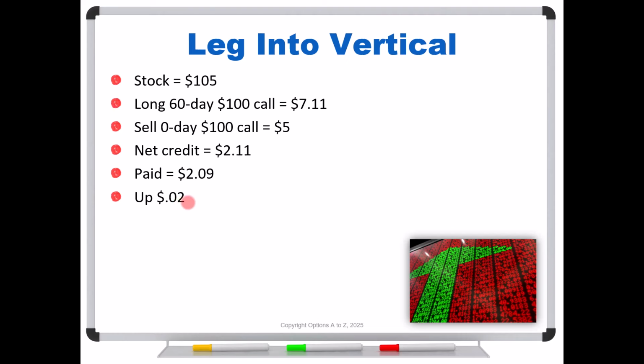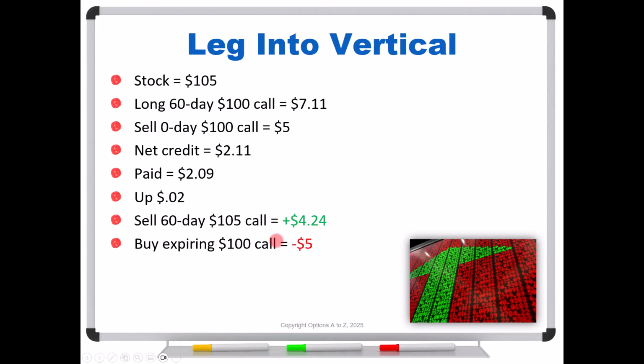So one thing you can do here is to say I'm trying to recoup the $5 of intrinsic value on this short call. I need to buy it back or I'm going to get assigned. So I could sell a 60-day $105 call. Pricing model says it's worth $4.24. So I'm not quite getting the full $5 back, but I'm getting the bulk of it, and then I have to buy back the expiring $100 call by spending $5.